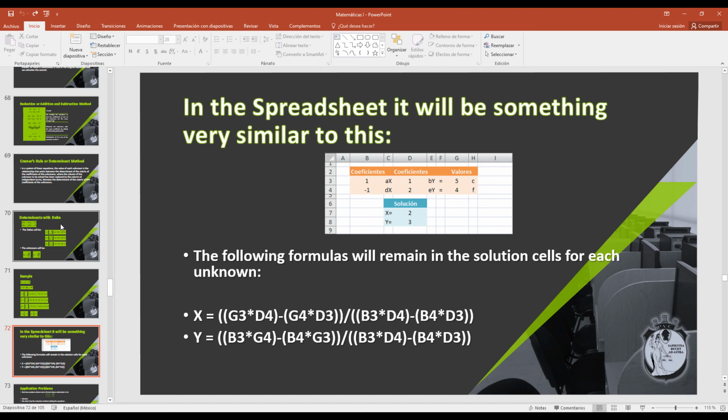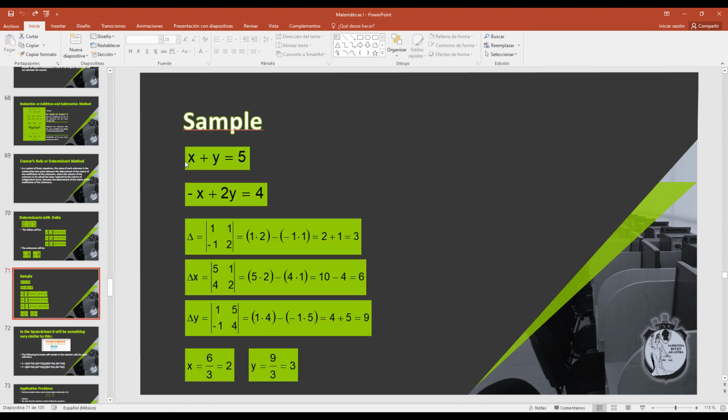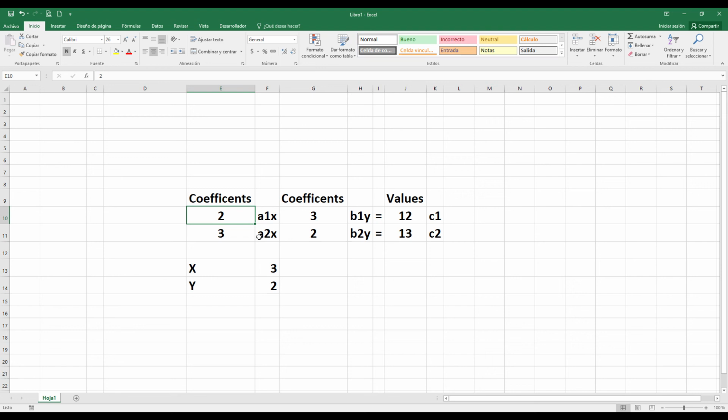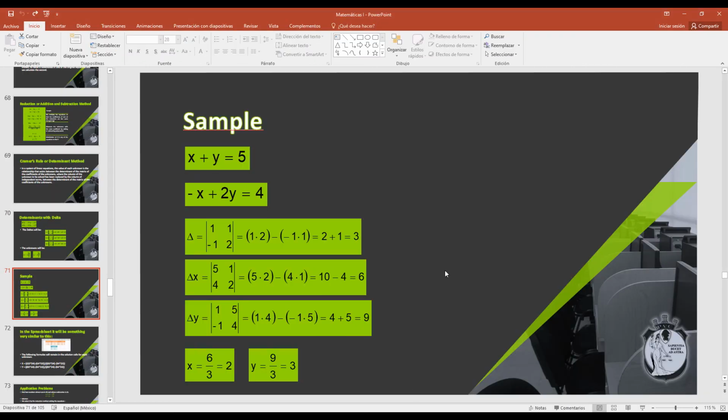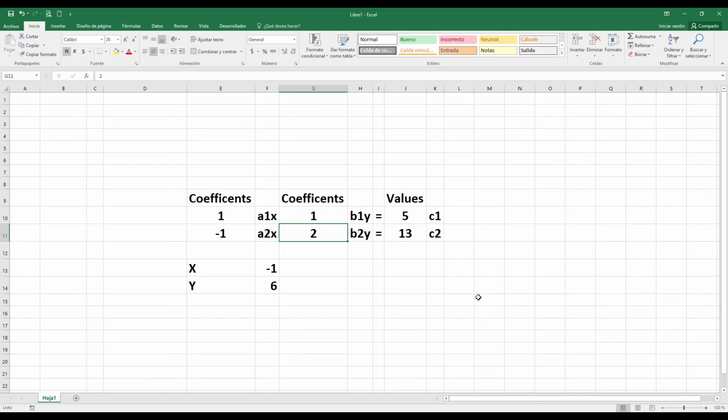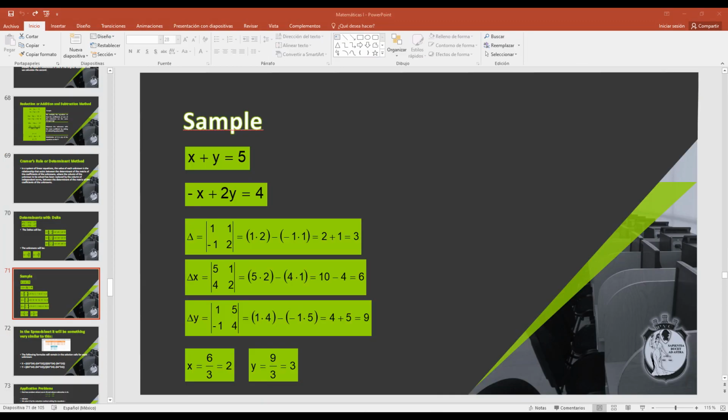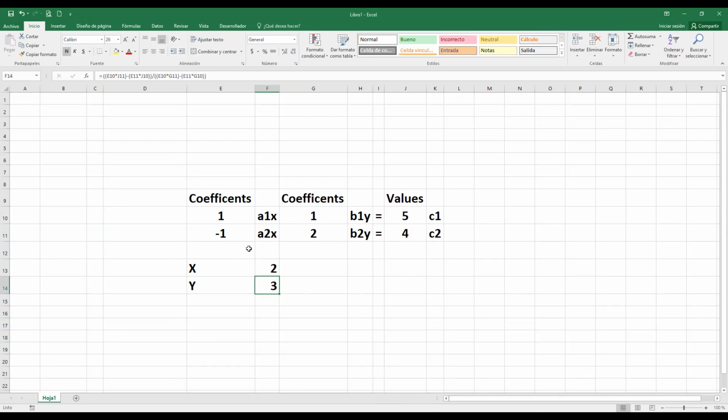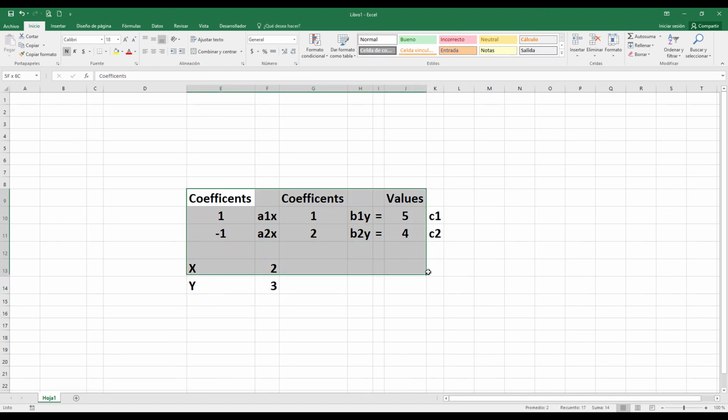For example, 1, 1 and 5, and minus 1, 2 and 4. You get 2 and 3. This is the result. So you can calculate the value of the unknowns of any exercise that you want.